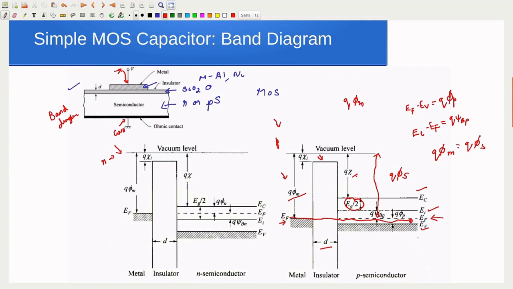So this is regarding the band diagram of the MOS capacitor, and we have seen the band diagram of P-type in detail. Now let's see what happens when a voltage is applied to the metal. The applied voltage V is known as the gate voltage VG.